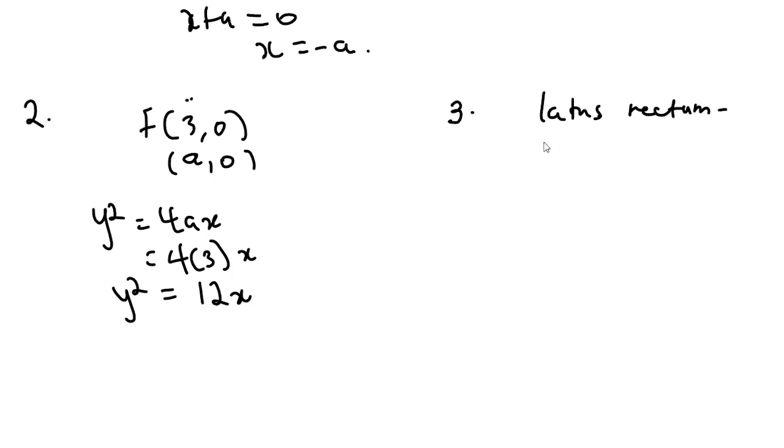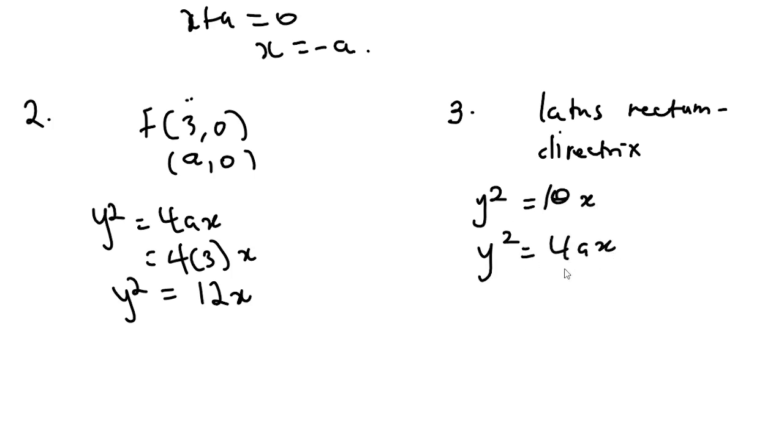All right, so we need to find the latus rectum. That's one. Then also the directrix. That's 2. So the equation is of the form y squared equal to 10x. Now comparing this one to y squared equal to 4ax, realize that our 4a will be equal to 10.